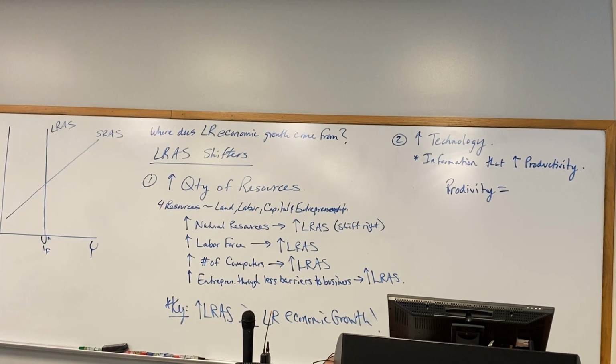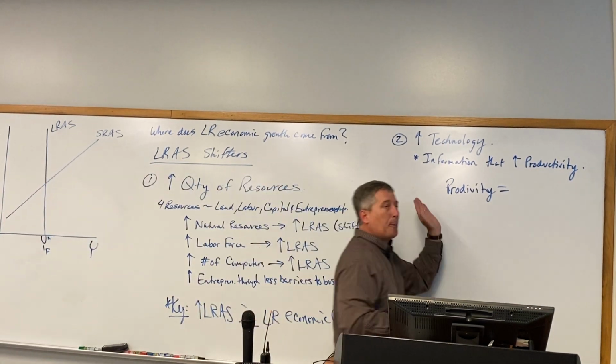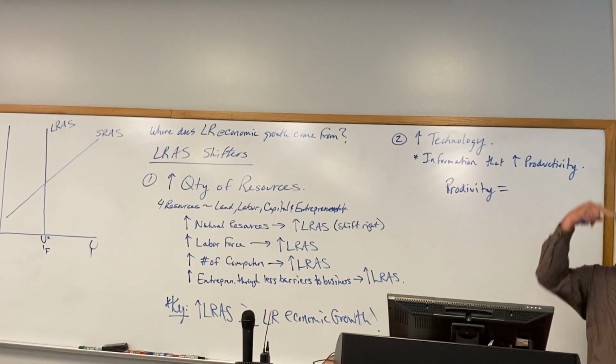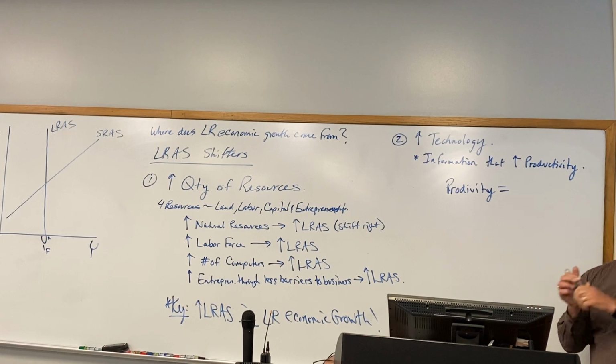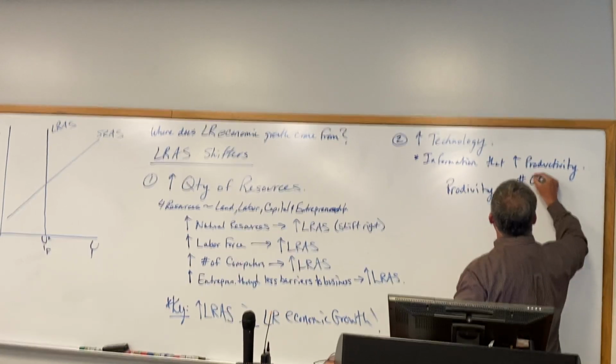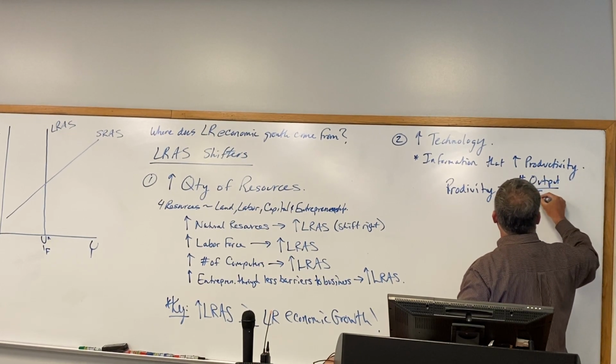Using less resources or the same amount of resources, however you want to frame it. So the important part of our productivity is it's one thing, the output relative to how much input was used. So productivity is the number of units of output divided by the number of units of input.